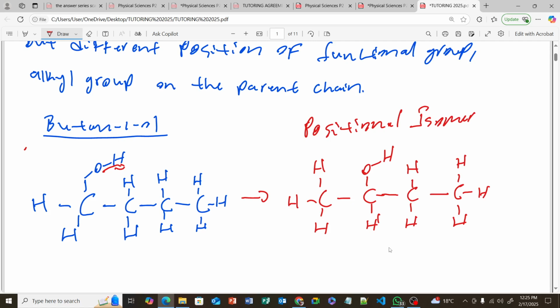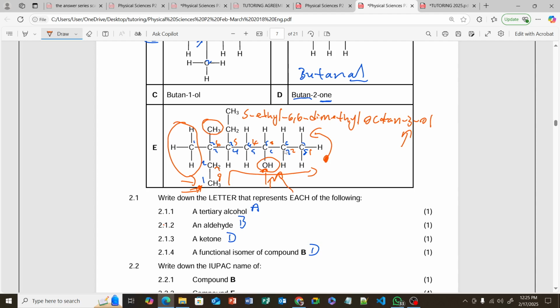So what changed is the position of the functional group. Now the functional group is at carbon number 2. So they fall within the same functional group, but the functional group is at a different carbon. We call this kind of molecules positional isomers.